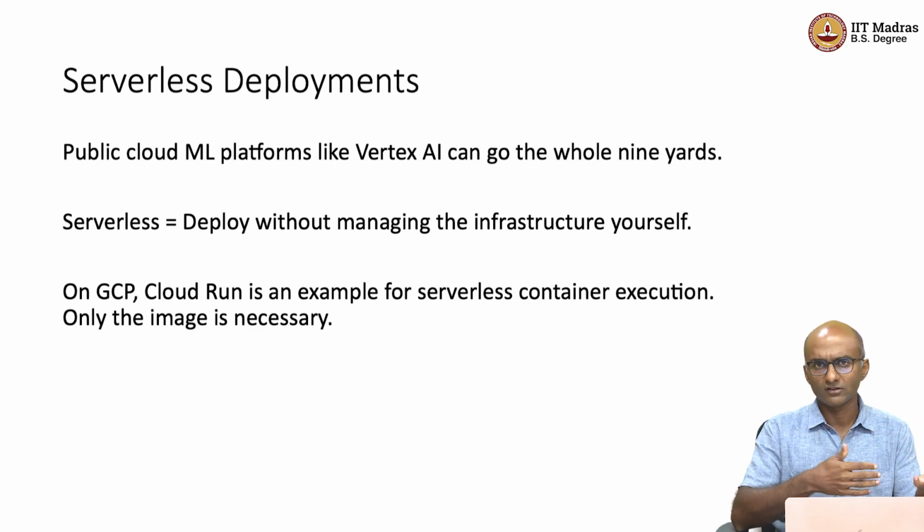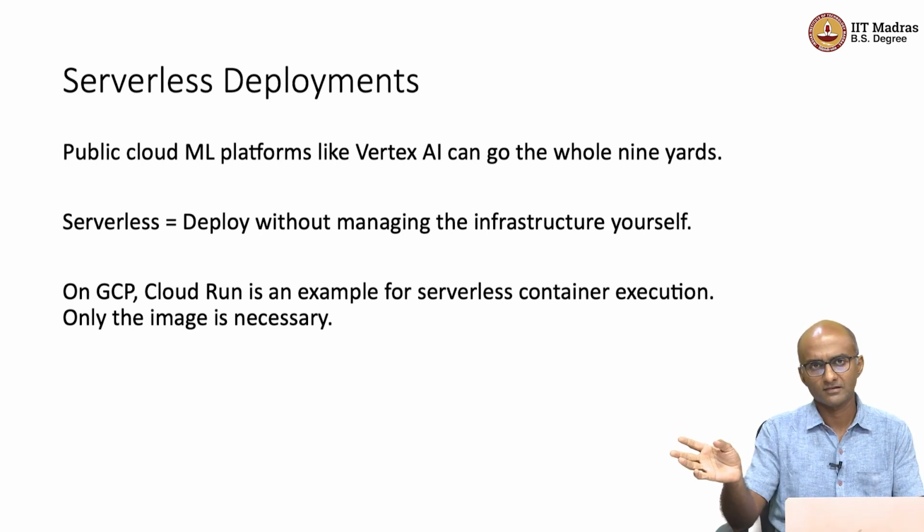And it's got integrations with Kubernetes as well. So Vertex AI is an example of a public cloud ML platform which goes the whole nine yards of what is required for a machine learning model to be developed all the way till it's productionized.